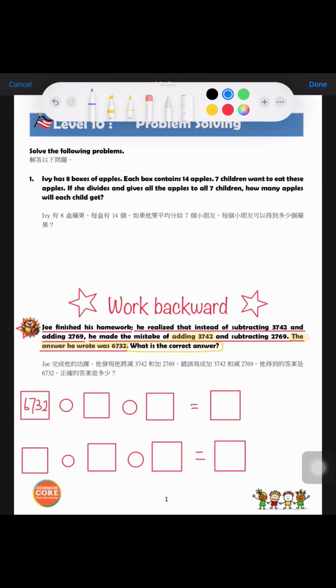So we may change add 3,742 to the right way, which is minus 3,742. We change plus to minus and work backwards.